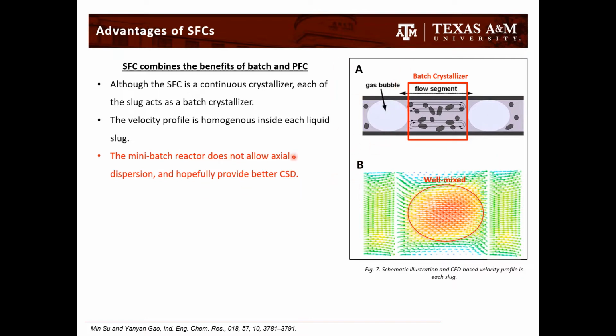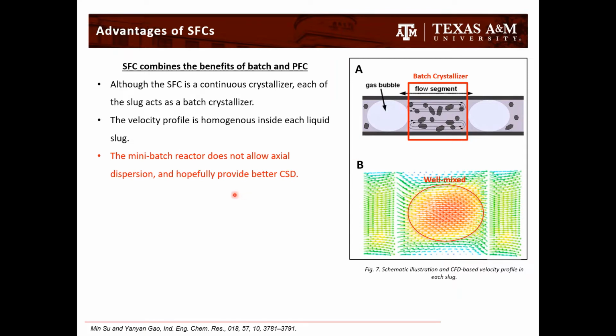So there is very less axial dispersion, and hopefully you can have a better control. Furthermore, a CFD study also showed that the velocity profile shows that it is very well mixed in this small liquid slug. And that's why we hope that we can use this concept of combination of a batch and a continuous crystallizer to have better control.